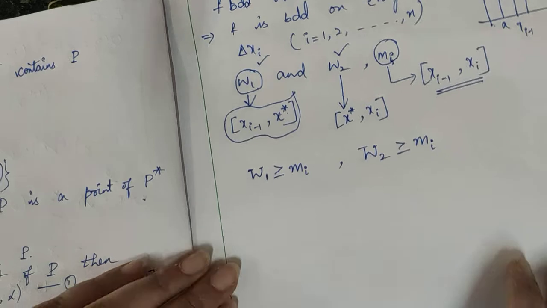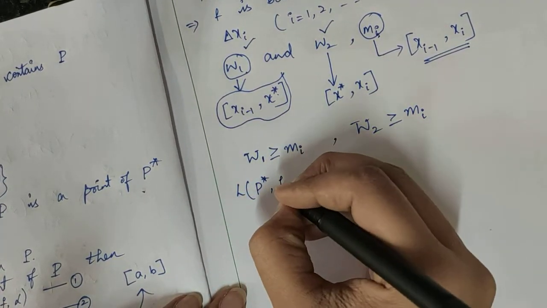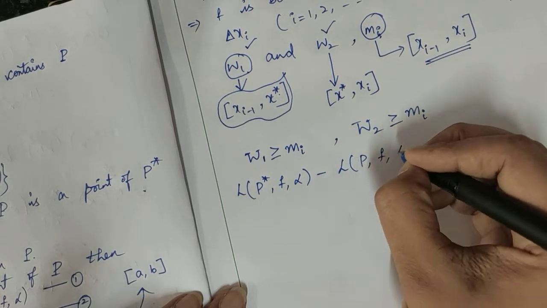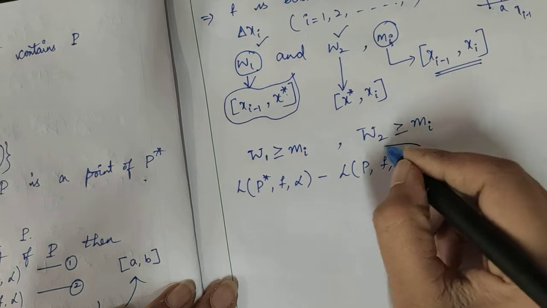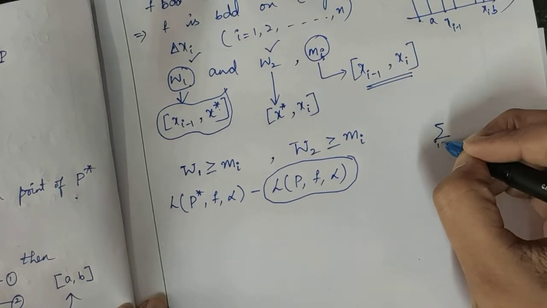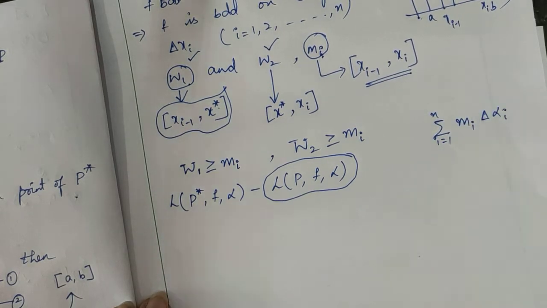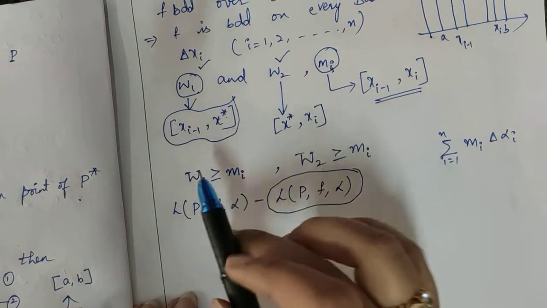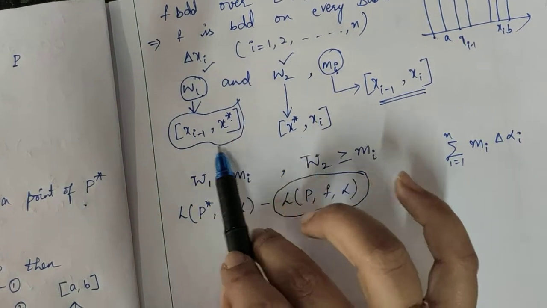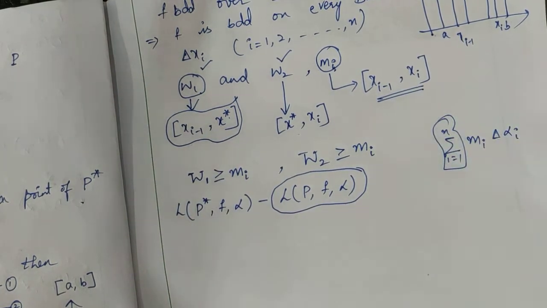Now, let us consider L of p star comma f comma alpha minus L of p comma f comma alpha. So we know what L of p comma f comma alpha is. It is summation i equals 1 to n of mi delta alpha i. Since we are very clear with the intervals, and we are considering only one set of intervals, you need not write the summation.